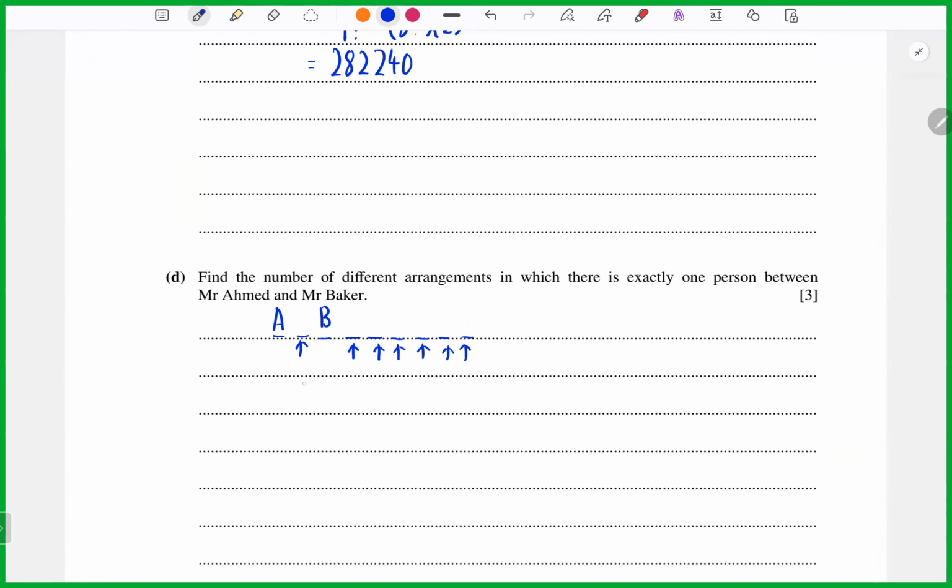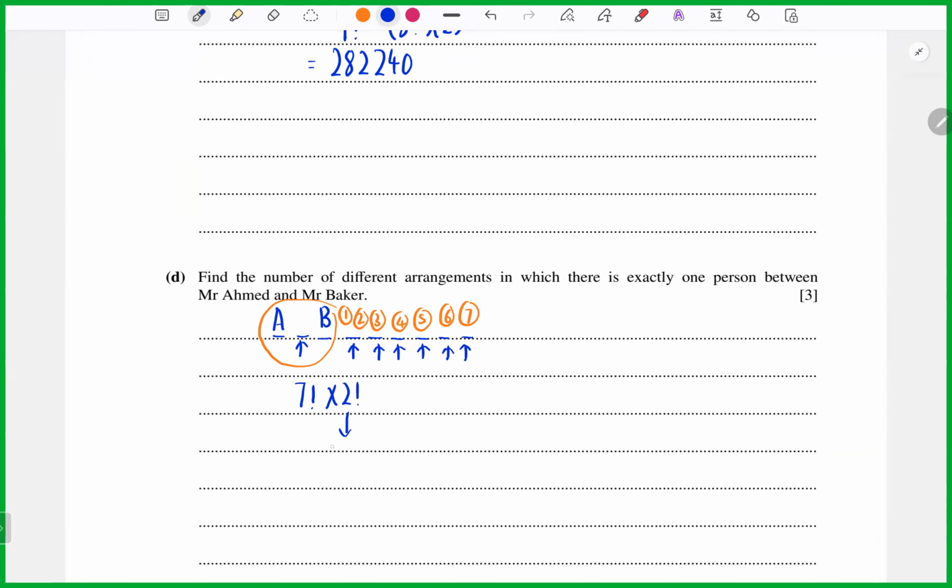So for here we have 7 factorial, and these are the positions.